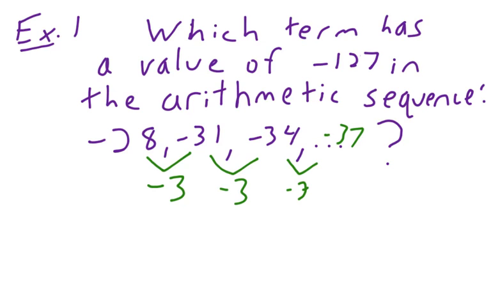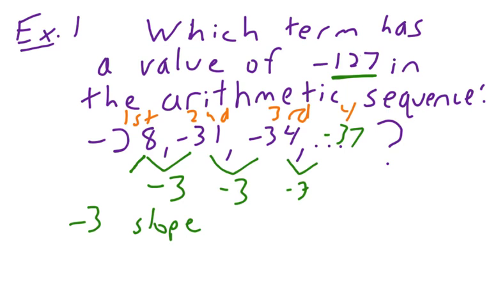Now I don't want to keep doing that to get all the way to negative 127. So it's going to be better for me to write an equation. Alright, so negative 3 is my common ratio, or my slope. But if I go back, can I find that zero term? Because remember, this is my first term, second term, third term, fourth, but I need my zero term.